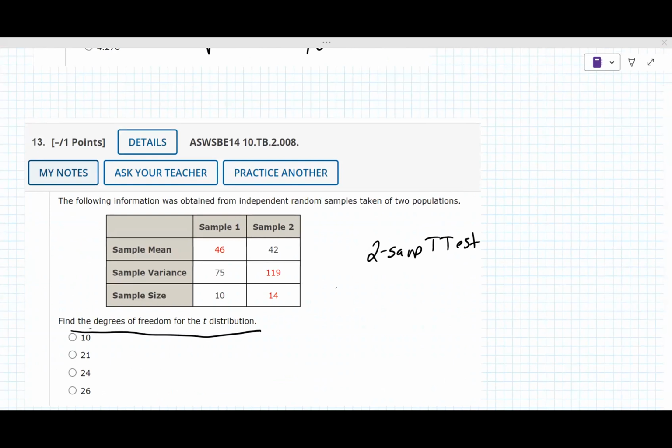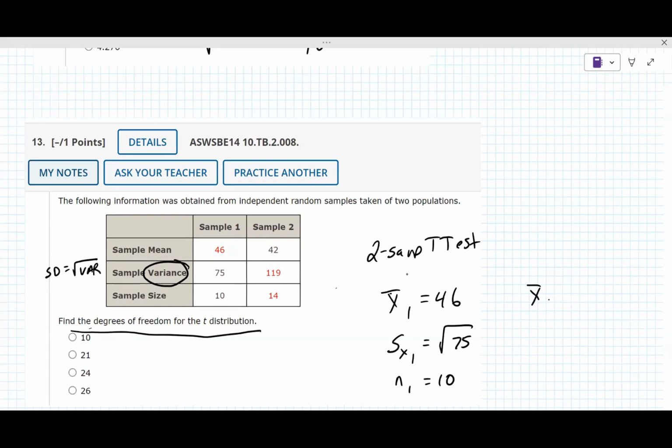So you should see x bar 1. That's 46. Okay. Sx1 is the square root of 75 this time. The reason it's the square root is because they're giving you the variance. So the standard deviation is the square root of the variance. n1 is 10. So a lot of these values are going to look similar. x bar 2 is 42.